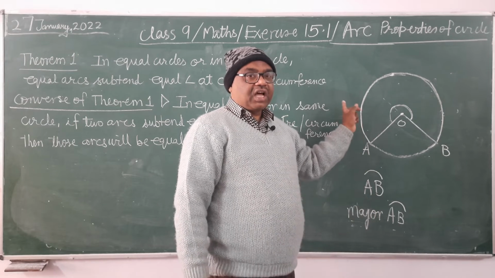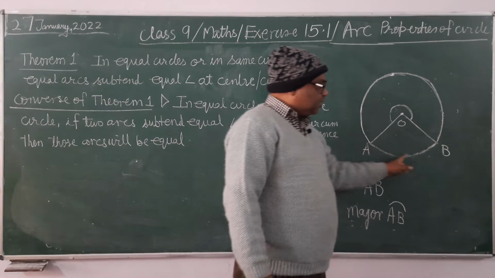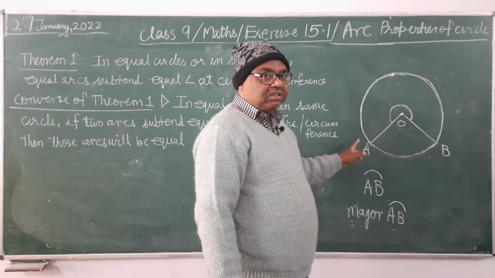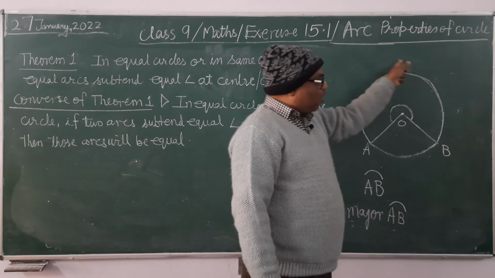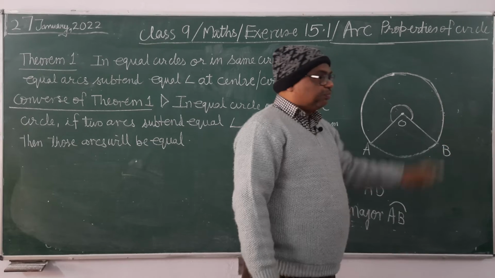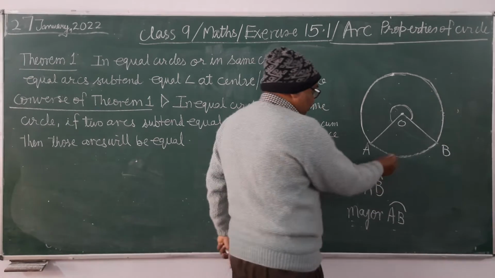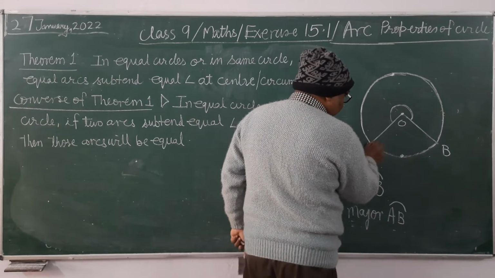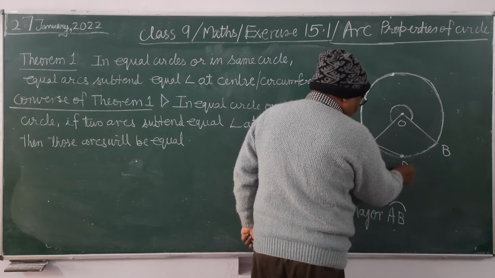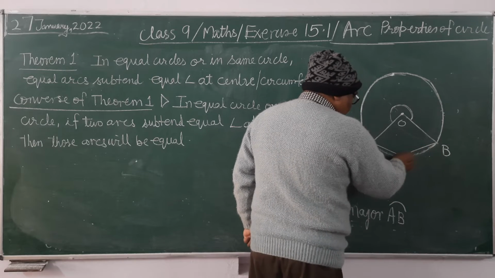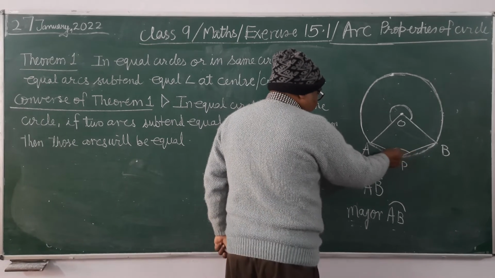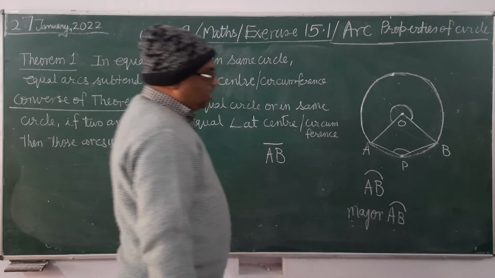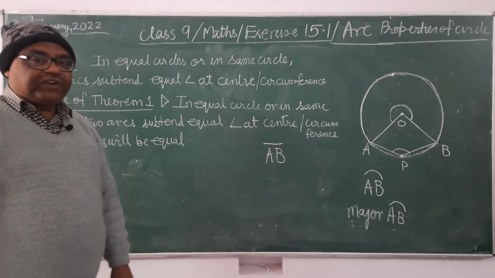Now for major arc AB, what is the remaining part of the circumference? This. So what will be the angle subtended by major arc at the remaining part? Suppose you want to find it at point P, join AP and BP. This is the angle subtended by major arc AB at the circumference.